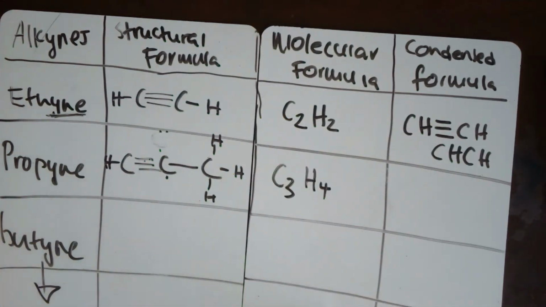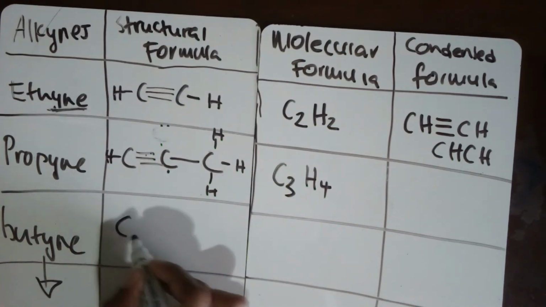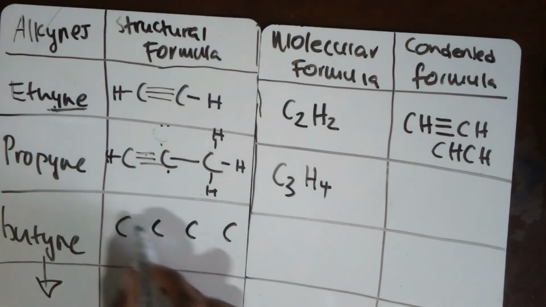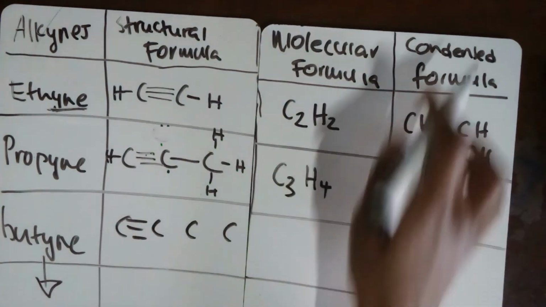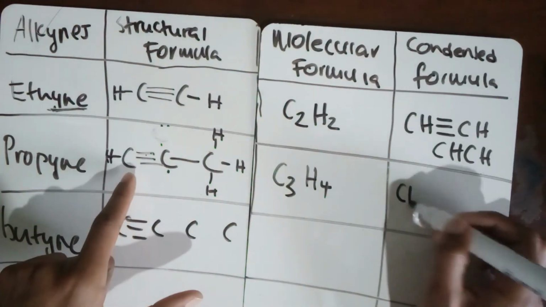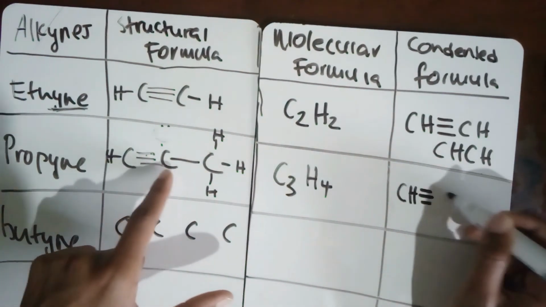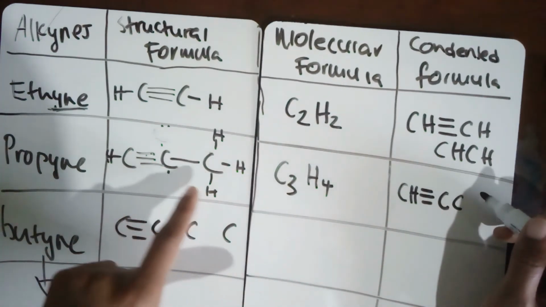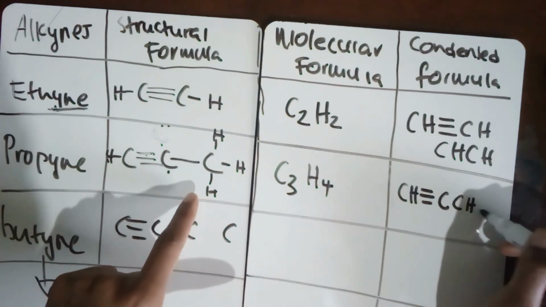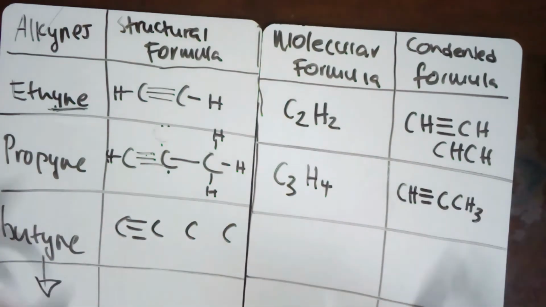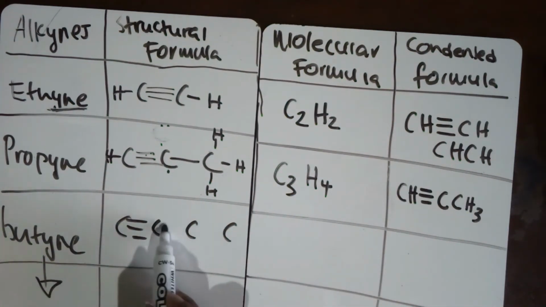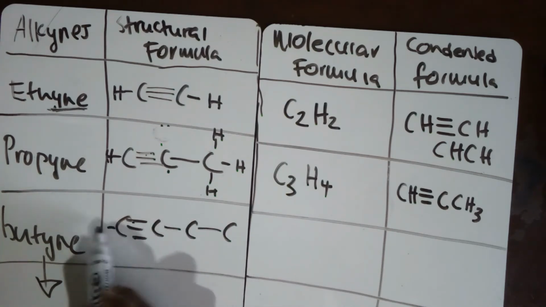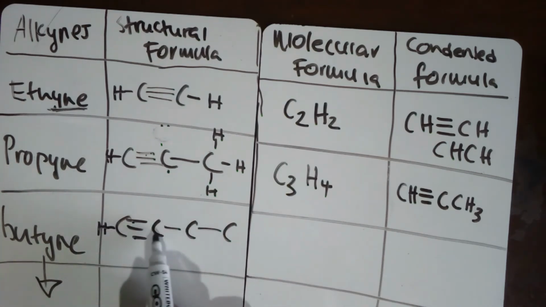And now let us go to butyne. So we have 4 carbon atoms, 1 2 3. Oh, I didn't draw the condensed formula. So we have CH, the triple bond, the C over there, and then CH3, right? Cool. And then here, just add another hydrogen so it has all 4 bonds.